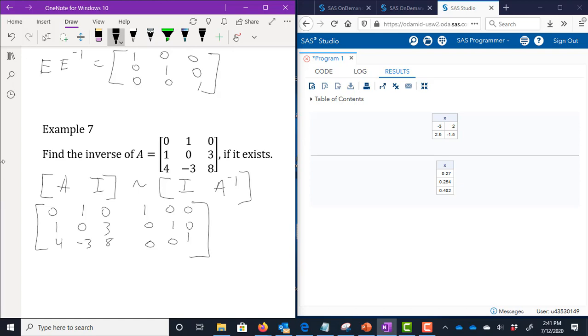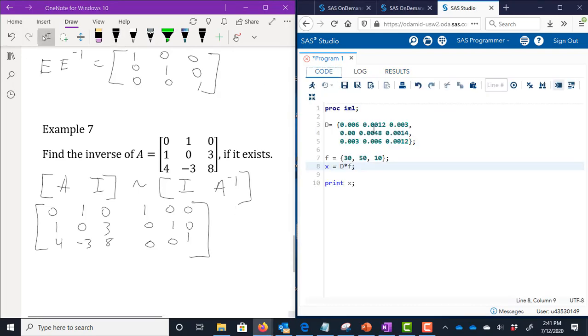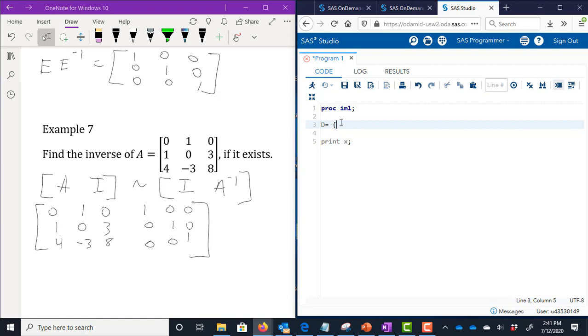We could do this instead with software. So let me change this by putting in A first. So 0, 1, 0, 1, 0, 3, and then 4, negative 3, and 8. And I want x here to be the inverse of A. And then we can print it.